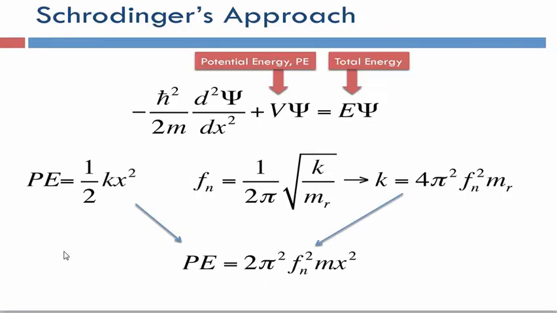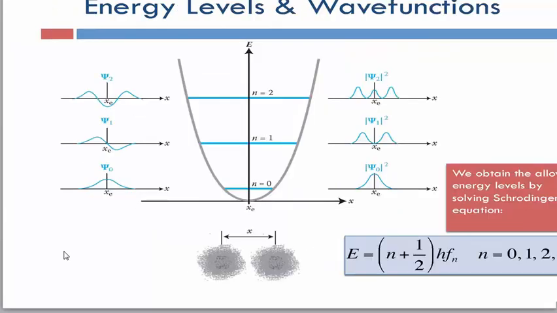We can solve this using Schrodinger's approach and using psi, the Schrodinger equation that we saw in chapter 3. This is a fairly complicated derivation, but nonetheless, the solution comes out to be something very similar. And we can plot the wave functions and the energy levels according to the Schrodinger equation as such.